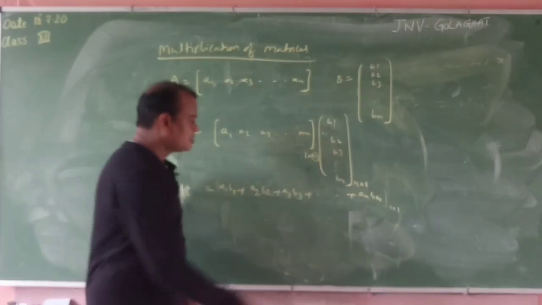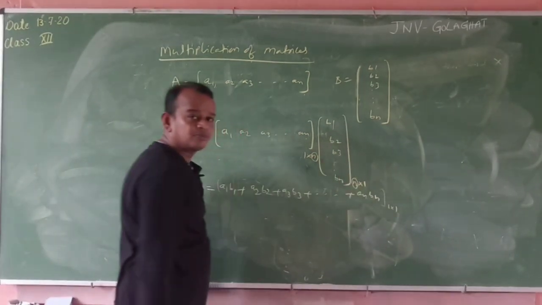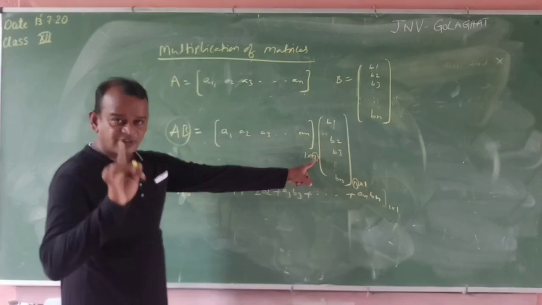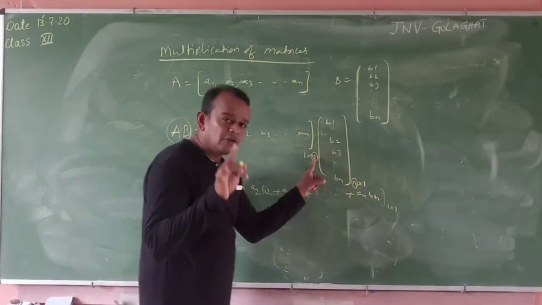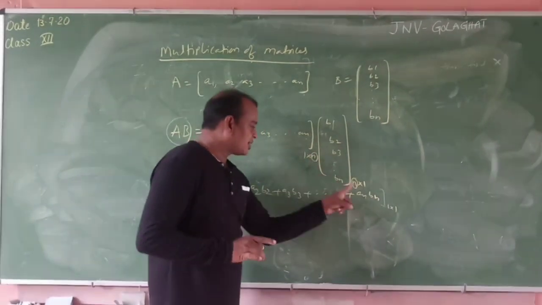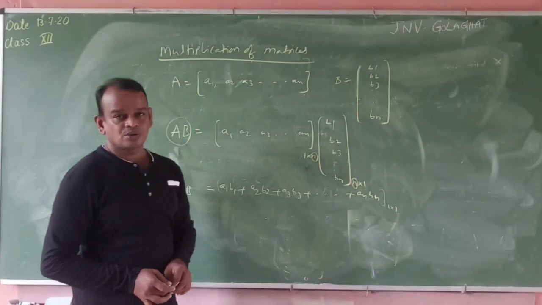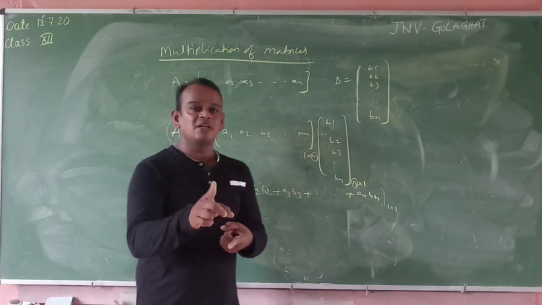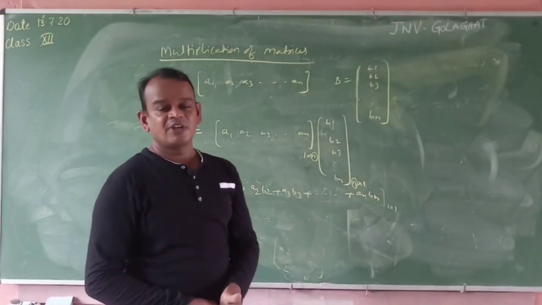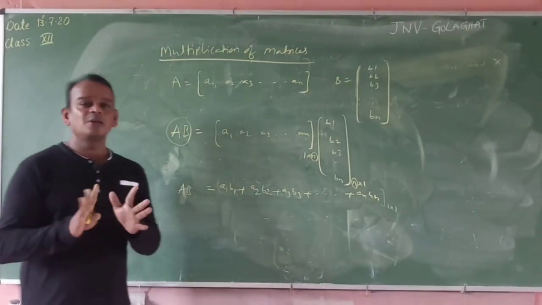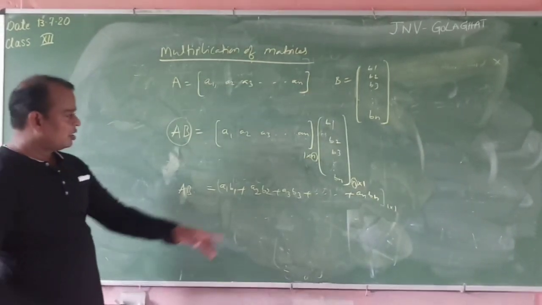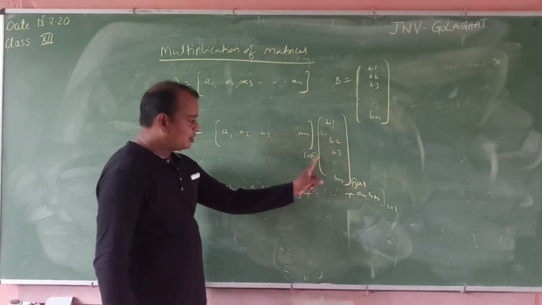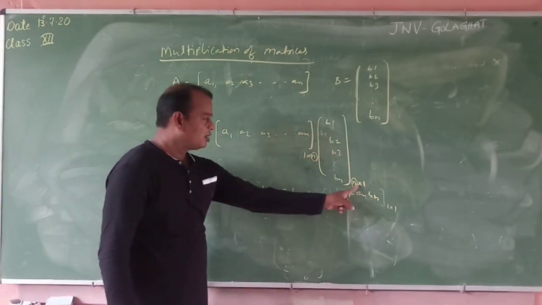In the second matrix, we observe the rows. Those must be equal. Then the product AB is possible. Otherwise, the product is not possible. Understand or not? Now in this one, columns n, rows n. Okay, possible.